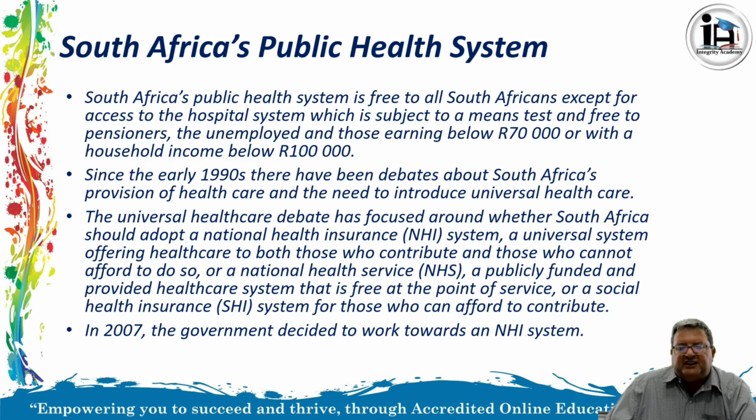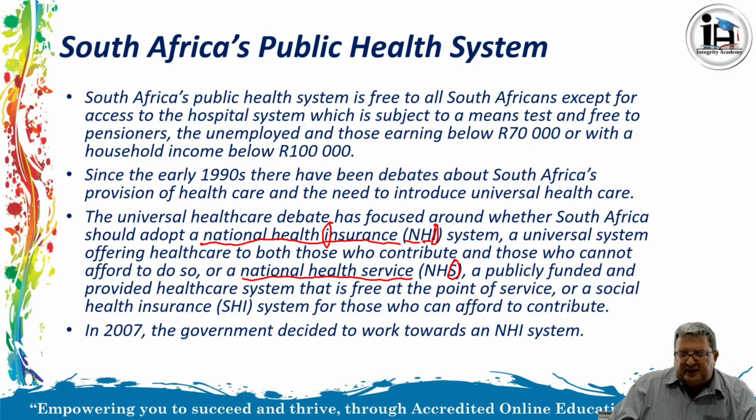So you can see there are three systems. There's the national health insurance: the N stands for national, the H for health, and the I for insurance. Then we get the national health service, so the S tells you it's a national health service.